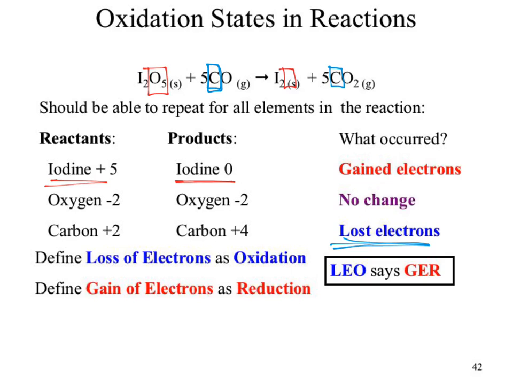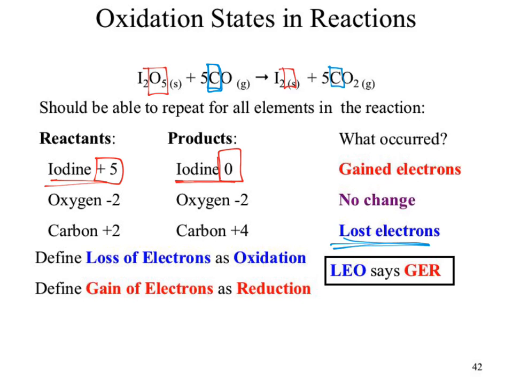The other option, what is the oxidation state? What happened to it? +5 to a 0, what did it do? It went smaller, which means it was reduced.